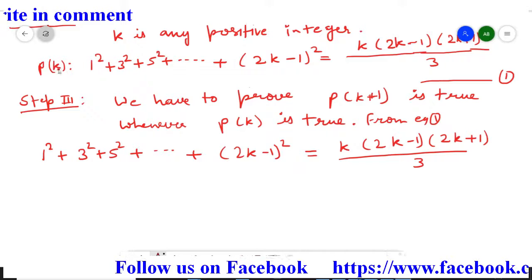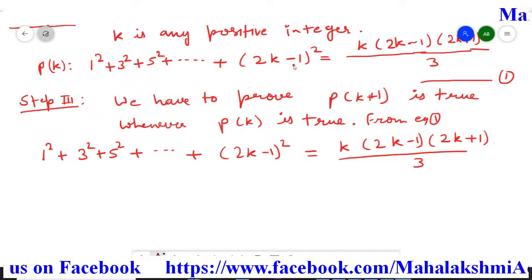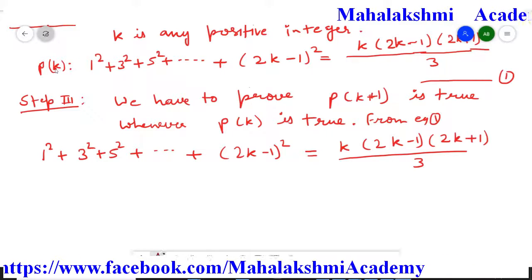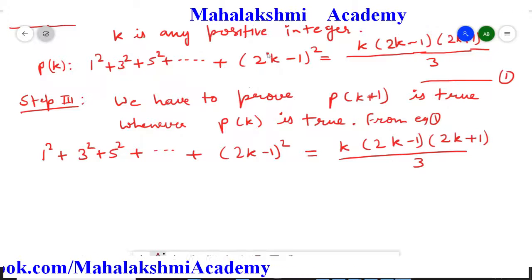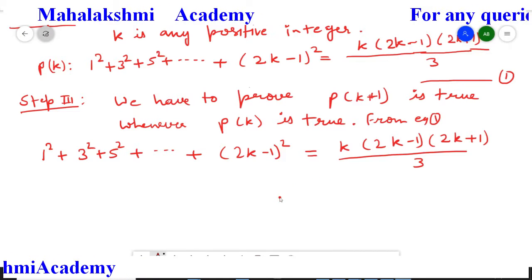If you have k here, then the last term in the left hand side is 2k plus 1, meaning 2 is multiplied by k. So if you have k plus 1 here, then this 2 you have to multiply by k plus 1. So that extra term we have to add on both sides.